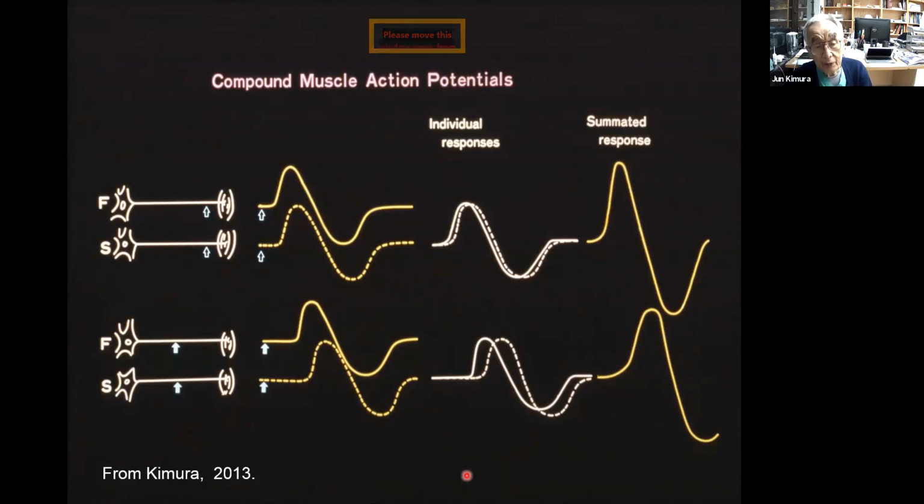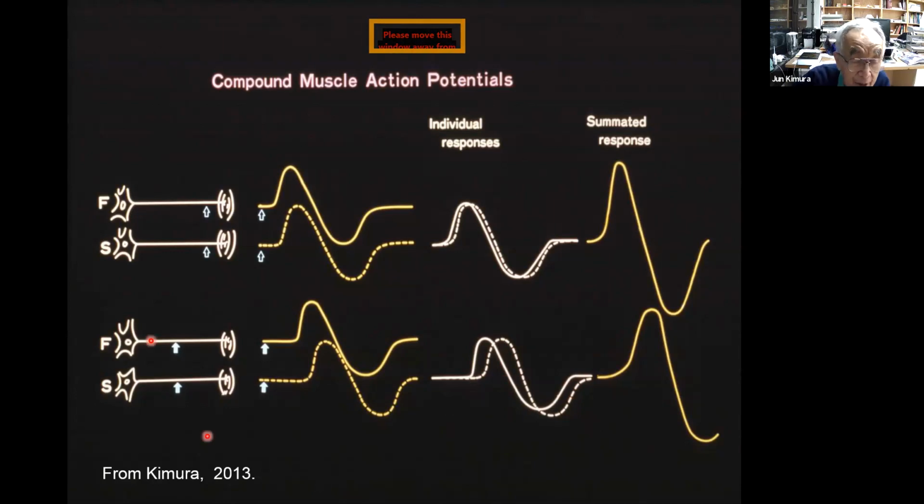But if you delay this slow conducting axon, let's say you induce demyelination here and delay it 10 milliseconds, your negative peak may come here. And if that is the case, that negative peak and this positive peak will cancel out. And this is what happens when you have a pathological phase cancellation.